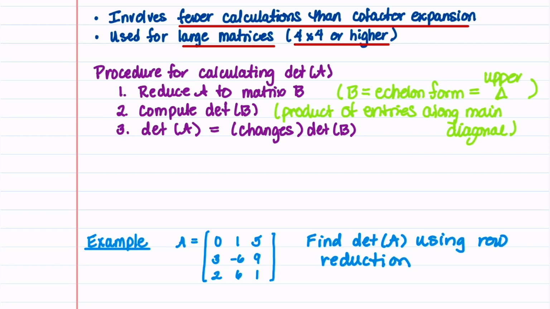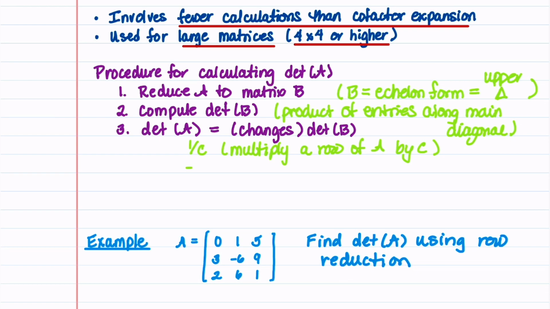There are 3 changes, and they each correspond to a row operation. And we know that there are 3 row operations. Our first change is going to be written as 1 over C, and that comes when you multiply a row of A by C. And I'll show you what that looks like when we do our example down below.